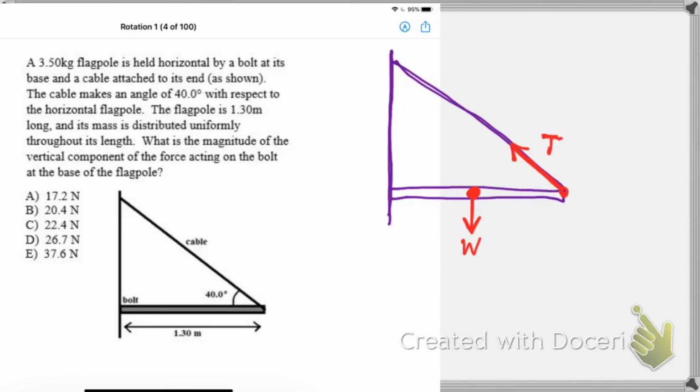This tension's at an angle, so we're going to have to deal with that. And then the bolt itself has both horizontal and vertical forces acting on it. So we have a horizontal force, F_H, and a vertical force, F_V. What we're looking for is actually the vertical force. We're looking for that F_V. So that's what we're going to need to solve.